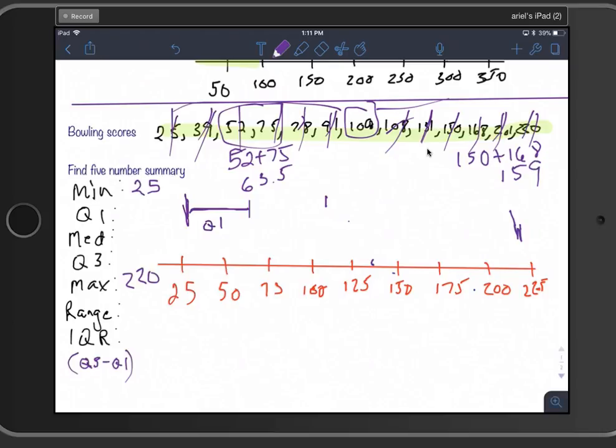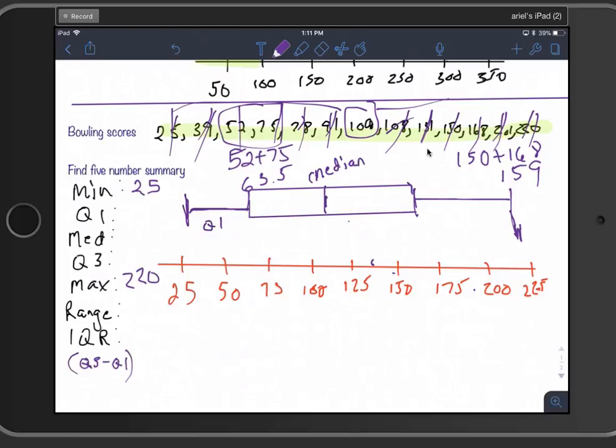So our box is going to be around here. So here's our whisker part, and then our box is going to be right here. So this is how you would create it. And this is our actual median.